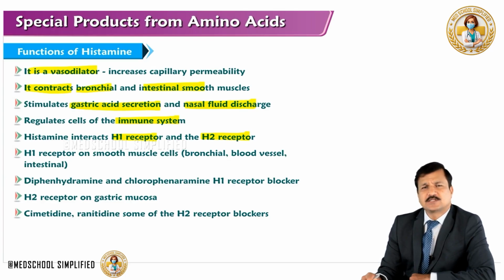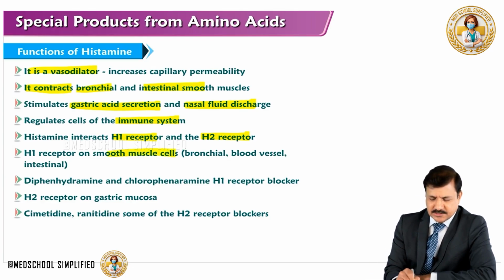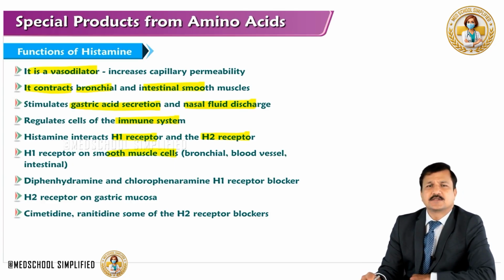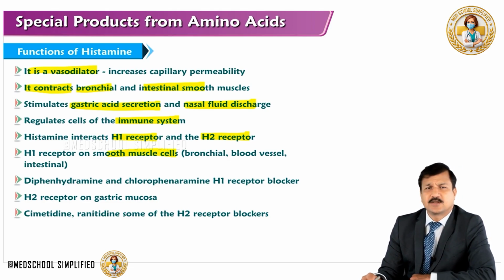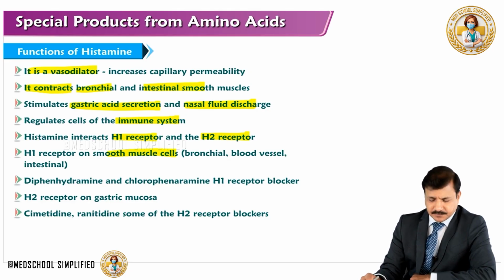Now the histamine 1 receptors are found over smooth muscle cells like bronchial smooth muscle, blood vessel smooth muscle, intestinal smooth muscles. Thereby their action on the increase in the capillary permeability, smooth muscle contraction, intestinal contraction, all of them are mediated through H1 receptor, histamine binding to H1 receptor.